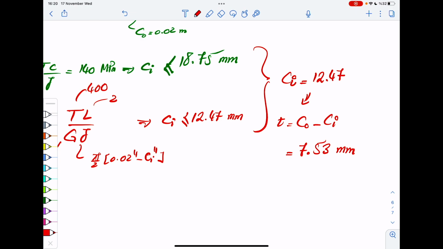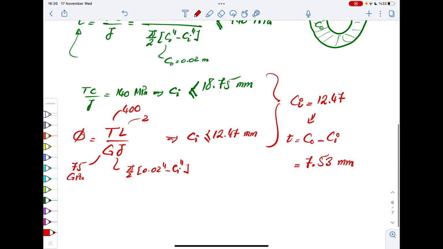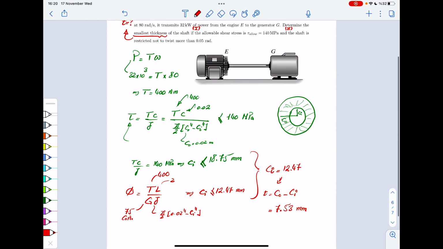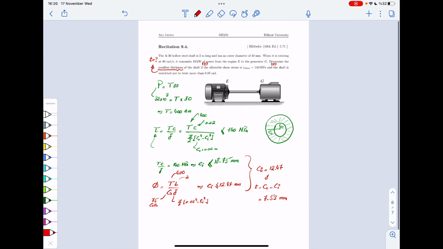All right? Now, again, remember, any number larger than this is also fine, but you want the smallest one, okay? So that's the idea of the question. That's the smallest thickness you can have.